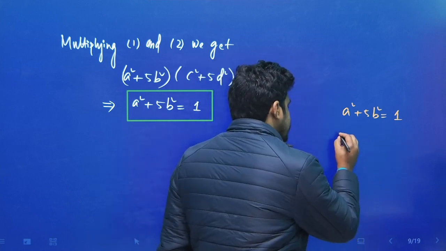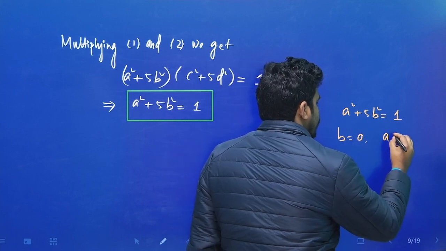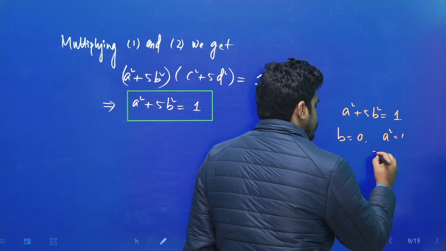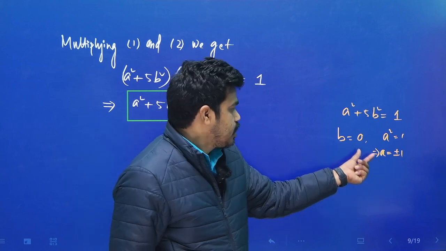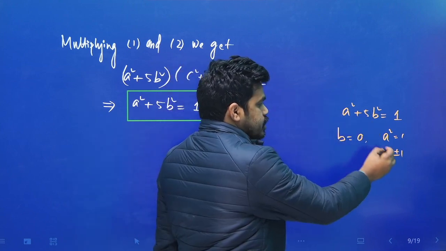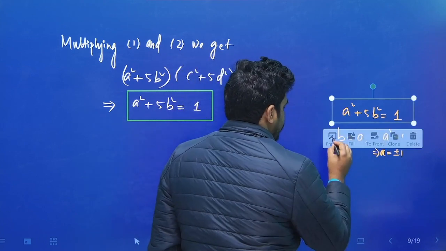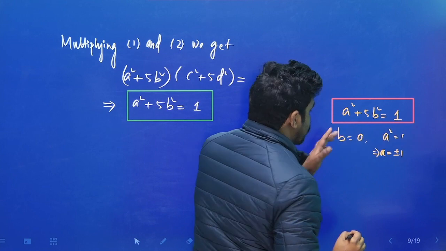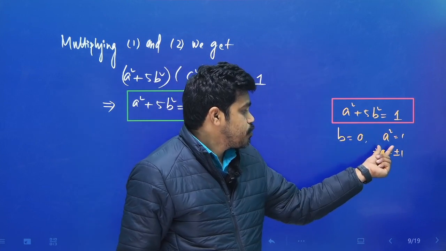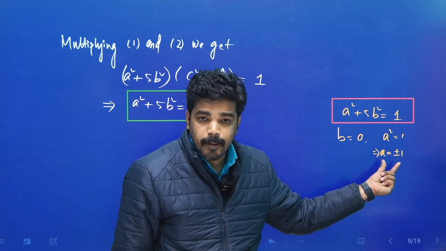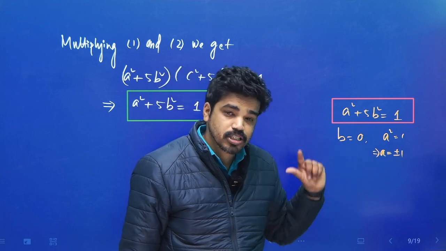Now see, if you choose b is equal to 0, then you get a square is equal to 1, that means a is equal to plus 1 or minus 1, these are integers. With b equal to 0, whichever you choose, a equal to 1 or minus 1, the equation is satisfied. I have to find the values of a and b if this equation is satisfied. If you choose b equal to 0, you get a equal to plus minus 1, which is an integer, so this is the only possibility.